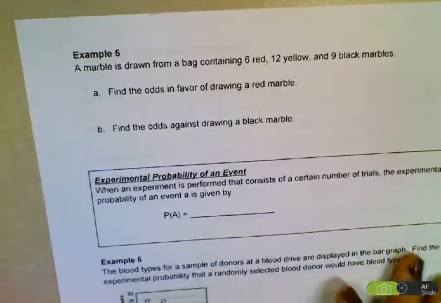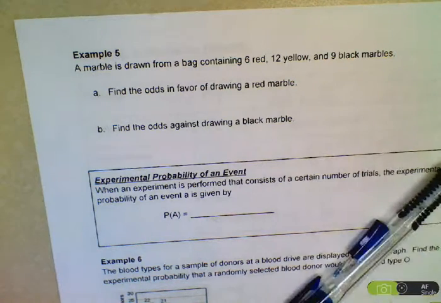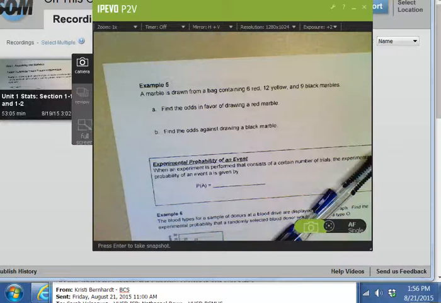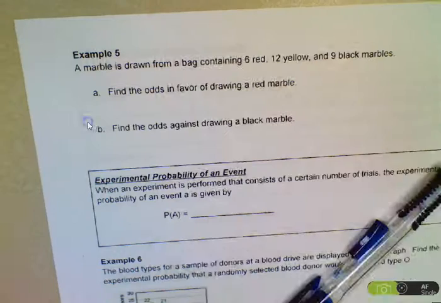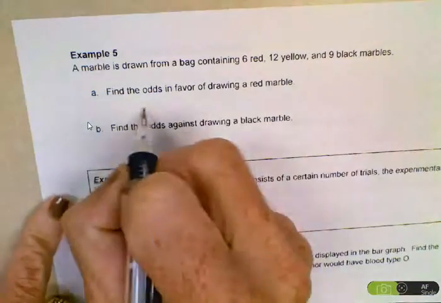So a marble is drawn from a bag containing 6 red, 12 yellow, and 9 black marbles. Find the odds in favor of drawing a red marble. Okay, so total, we need to know what we're drawing.